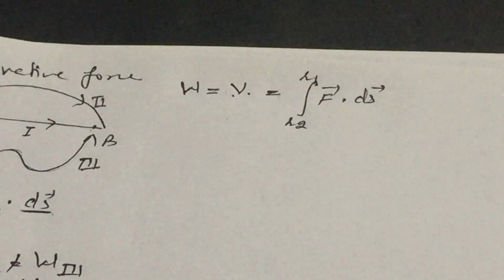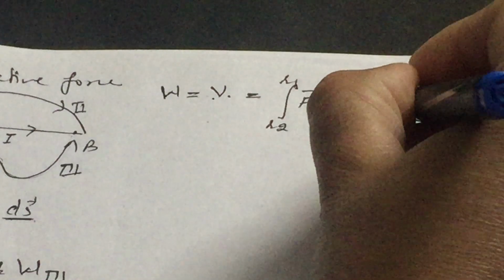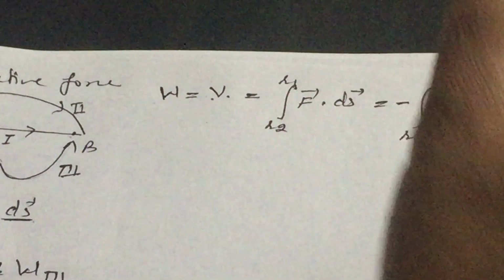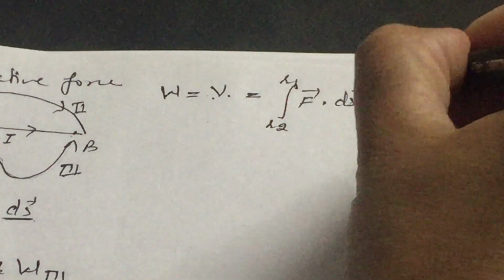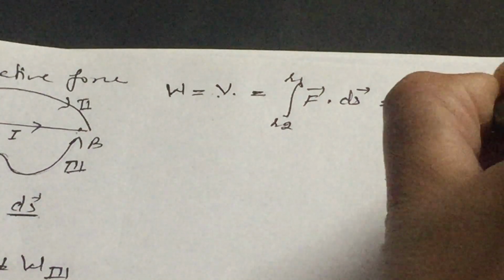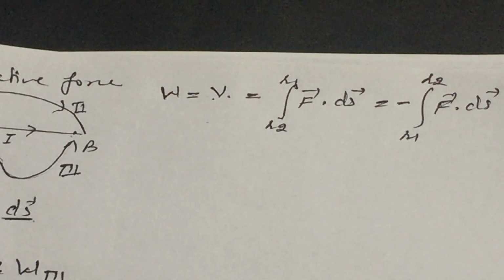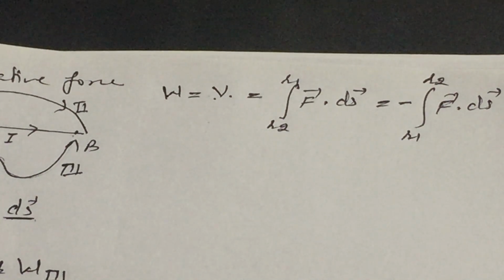But if the particle is moving from the first position to the second position, the lower limit will now be r1 and the upper limit will be r2, and this is F dot ds. This is the relation between potential energy and the force.